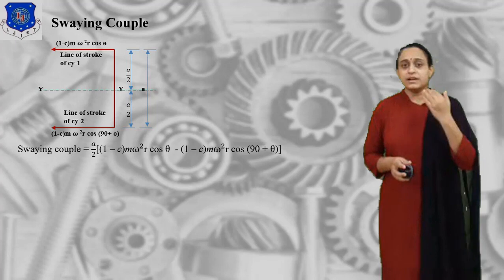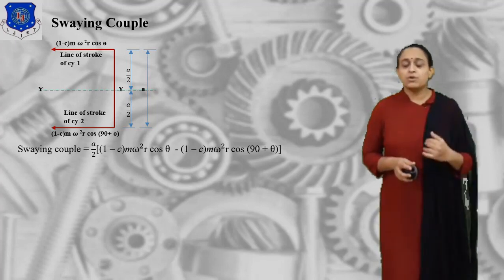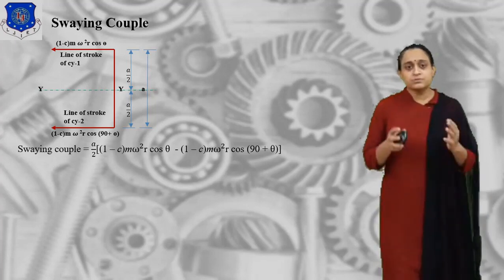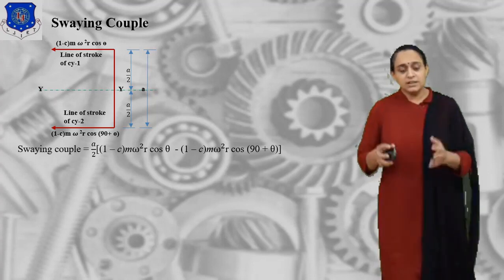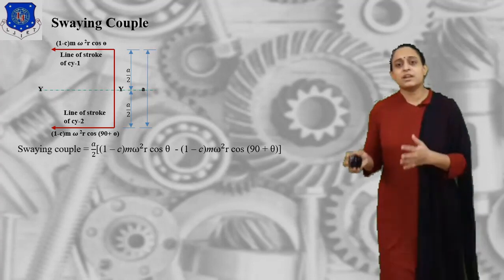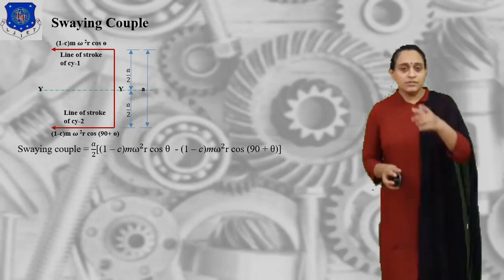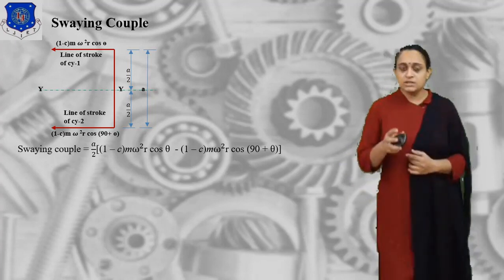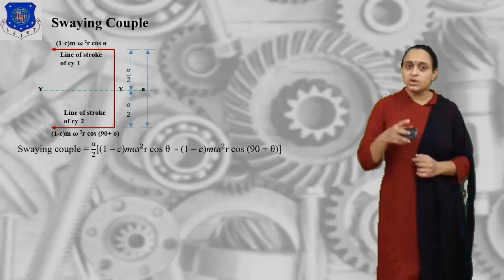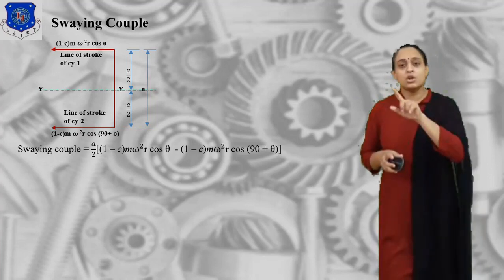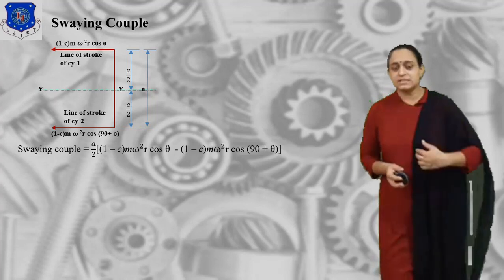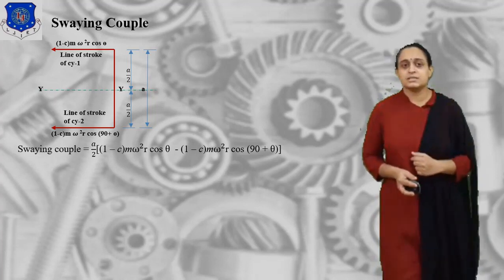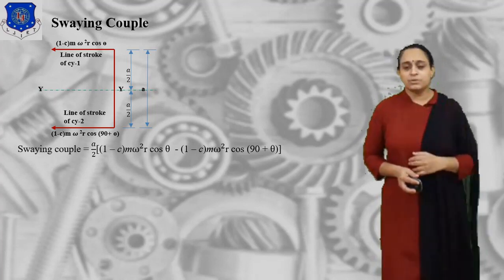So solving this, we get a by 2 (1 minus c) m omega square r cos theta minus (1 minus c) m omega square r cos (90 plus theta). The negative sign is there because the first moment is anti-clockwise and the second one is clockwise. The directions of both moments are opposite, hence the negative sign in between. A by 2 is the common factor.